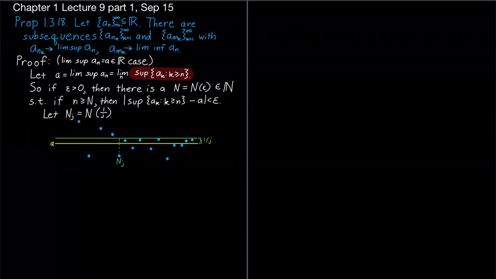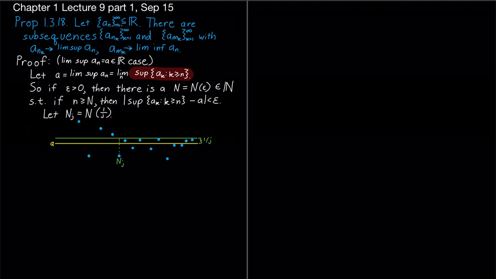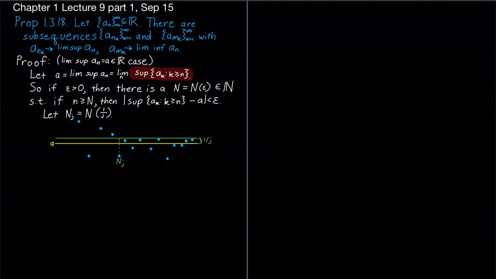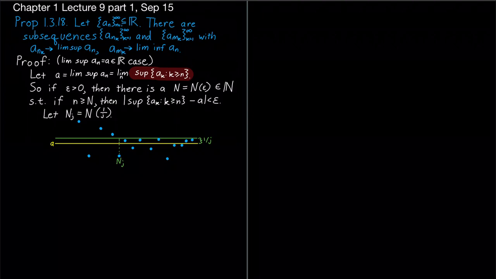Now it's sort of tempting to let our subsequence be a_{N_j}. We've defined an N_j, but there's two problems with that. The first problem is that your N_j's might pile up on top of each other. You might get to within, say, 1/8 of your target A all in one go, and then N_1, N_2, N_3, N_4 up to N_8 might all be the same number, and you're not supposed to have that for subsequences.